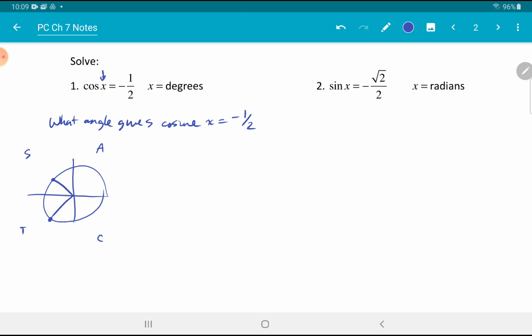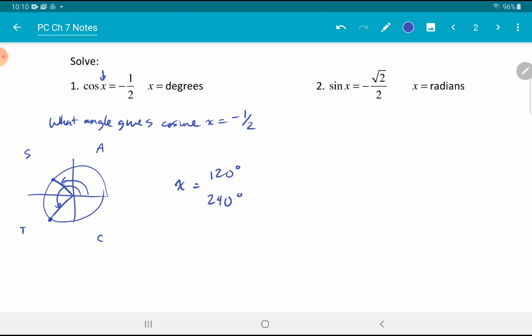As we learned about the unit circle in the previous unit, think about when cosine actually gives you that value of half. Hopefully what you're recalling is that that x value is giving you a measurement of 120 degrees. And you also have another measurement over here. Remember that since half is giving you that reference angle of 60 degrees, we also have another 240 degrees.